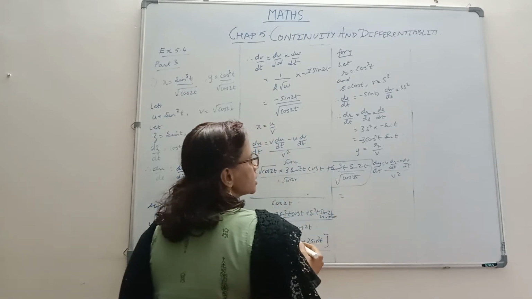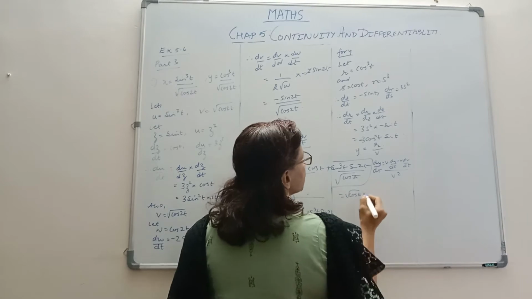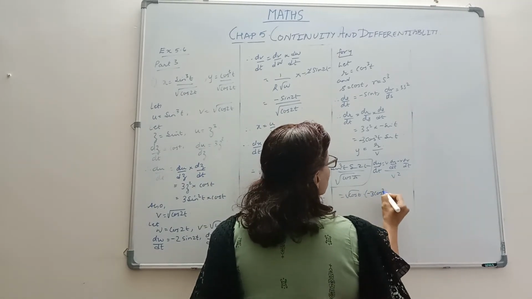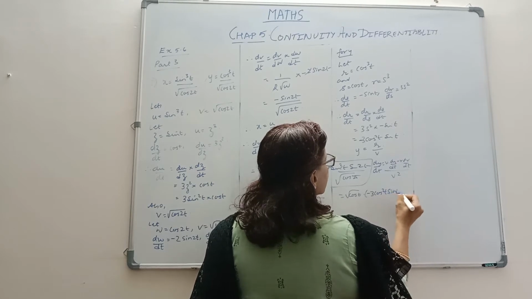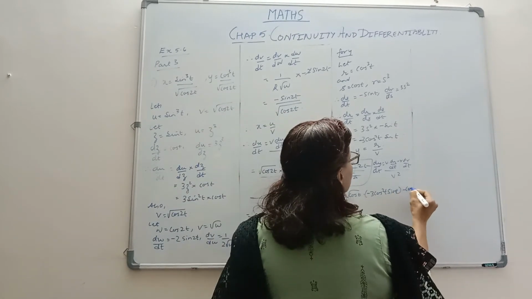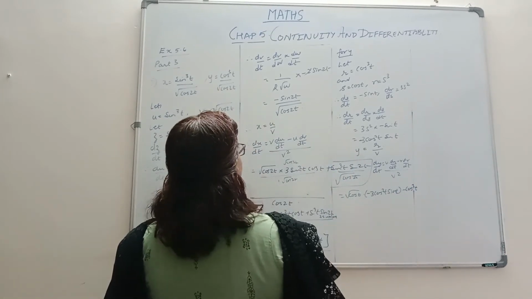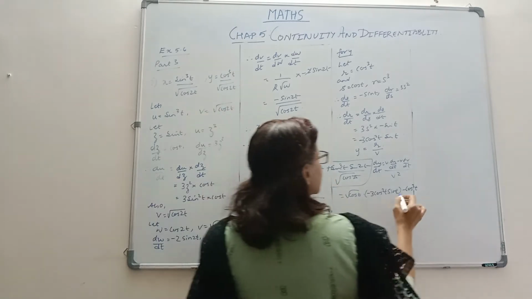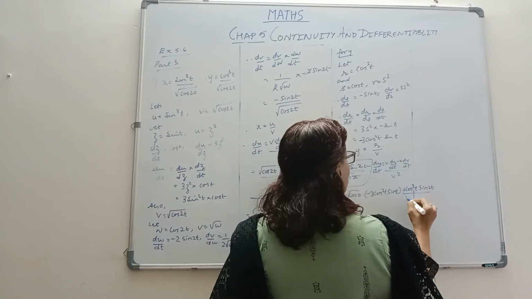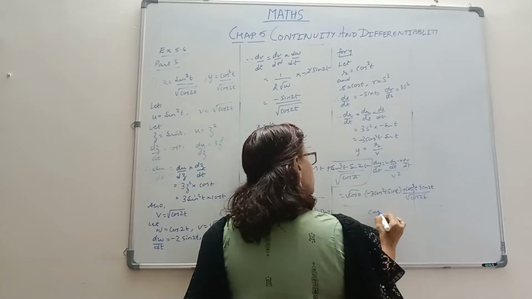So v for us is root of cos 2t, and dr by dt for us it is minus 3 cos squared t sin t, and r for us it is cos cube t, and dv by dt is that complicated thing: minus sin 2t by root of cos 2t, and this is whole divided by cos 2t.